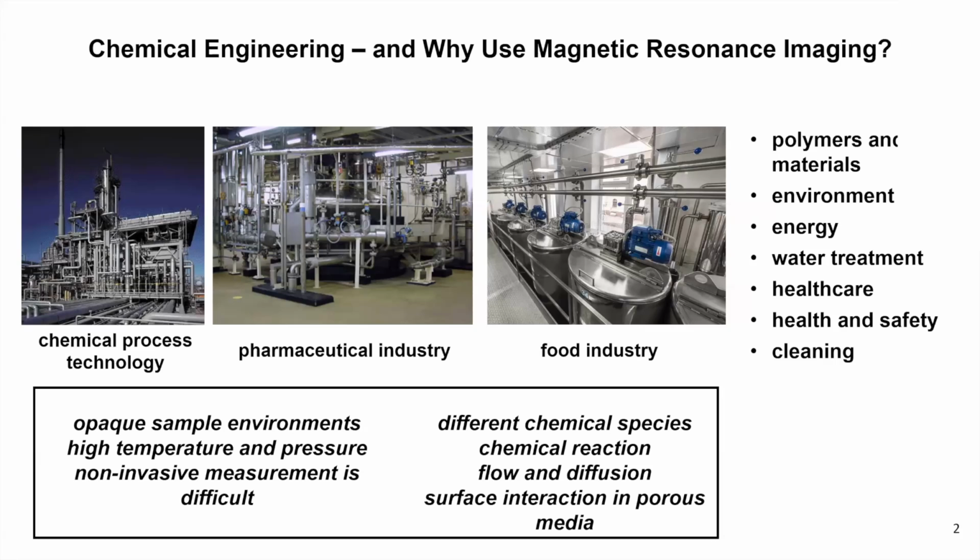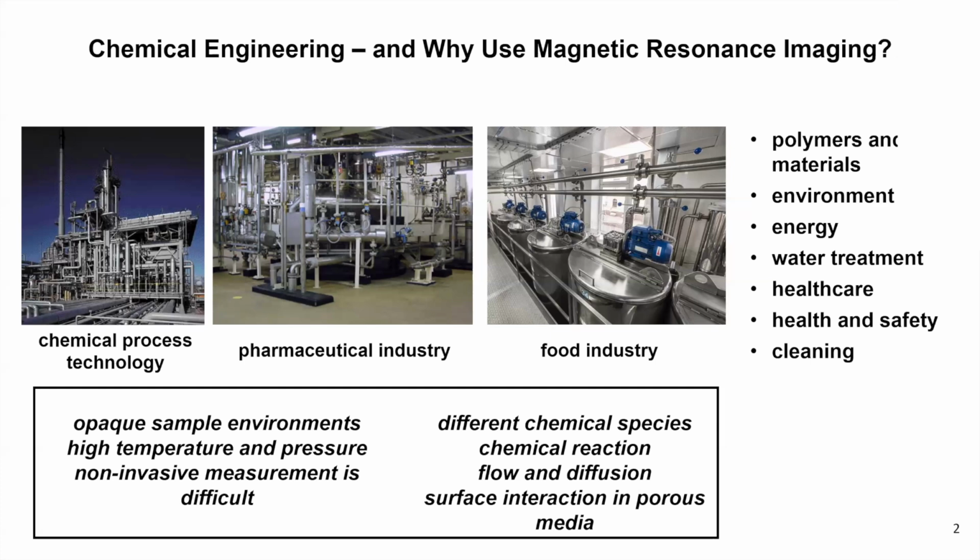And so this is why MR can form this unique, information-rich measurement technology. Obviously it can look inside opaque samples, and you can have an environment which has high temperatures and pressures. And of course, we all know it's non-invasive. That's why it's used so much in clinical medicine.